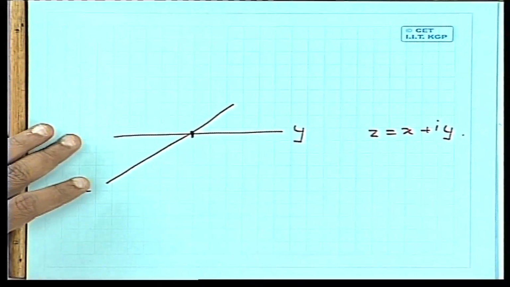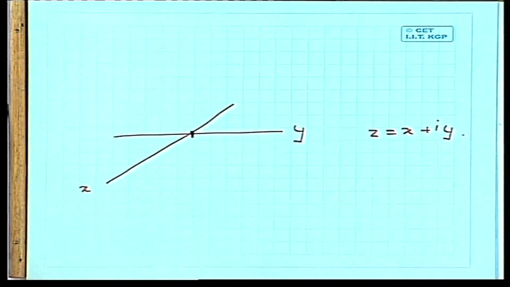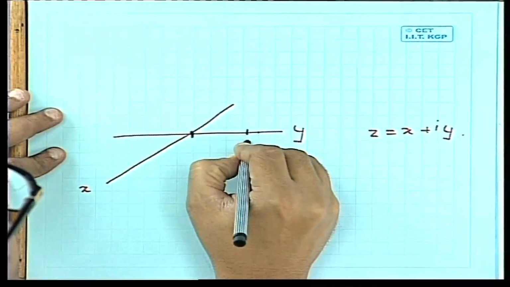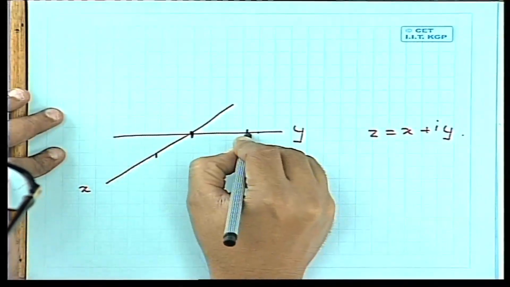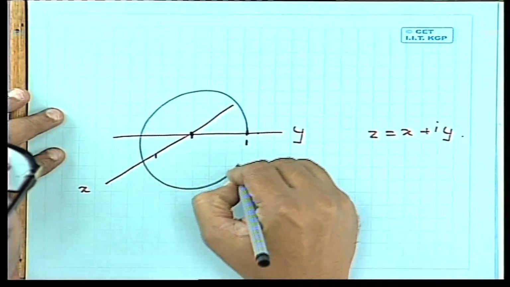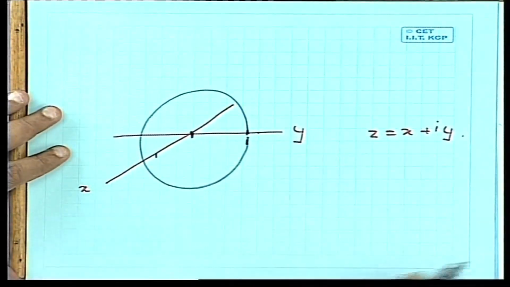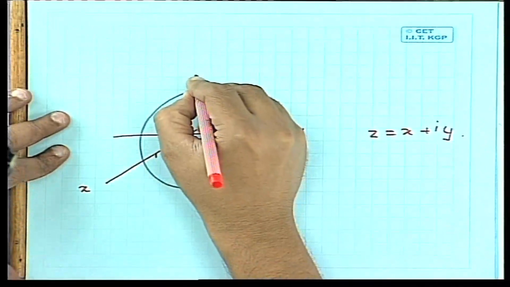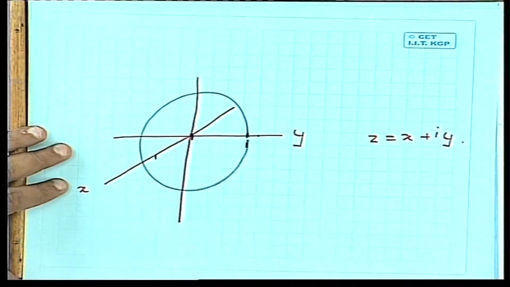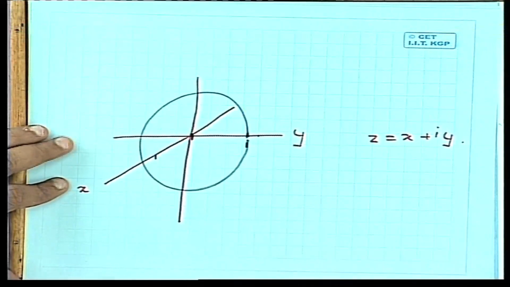Now this is one representation, but there is a neater possible representation, that is through a sphere. Suppose I take a unit sphere, which is known as a Poincare sphere. Every complex number can be represented as a point on a unit sphere by just projecting.